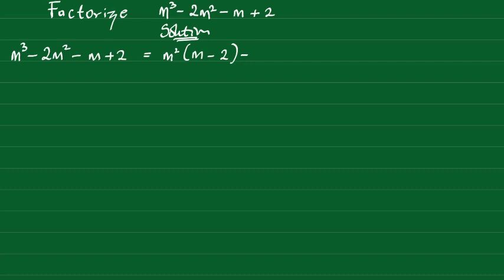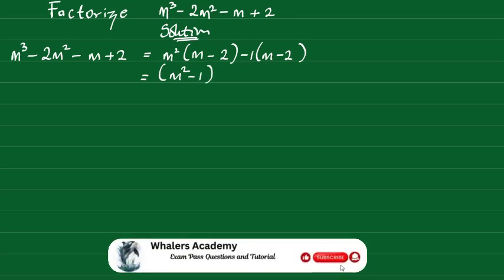From here we factorize out minus 1, and we have bracket open, m minus 2, bracket close. This in turn is equal to bracket open, m squared minus 1, bracket close, bracket open, m minus 2, bracket close.